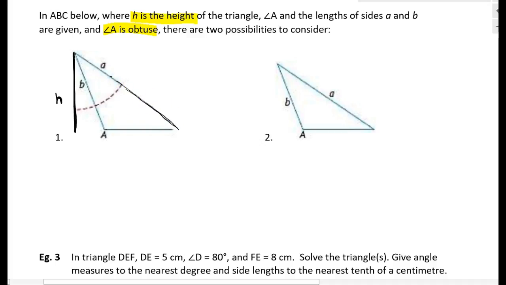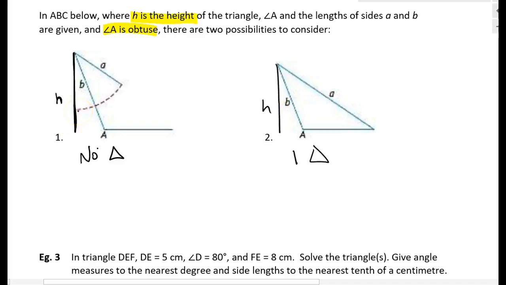Either option 1, is that A is not long enough, and so we don't get a triangle. Or A is long enough, and we do get a triangle. But we still only get one triangle because we have to include this obtuse angle.